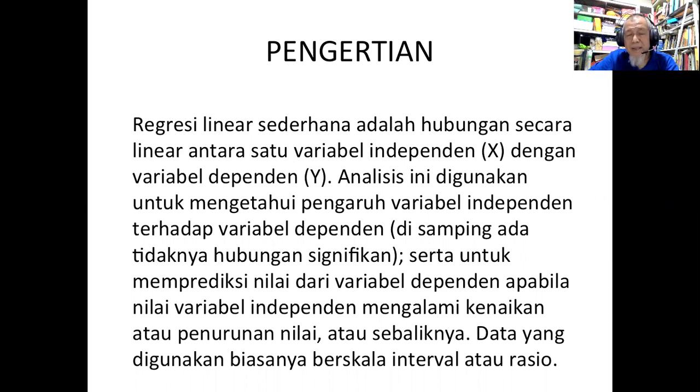Or one is the predictor and the other is the criterion. Usually this analysis is used to find out the effect of the independent variable on the dependent variable while looking at the significant relationship between the two variables.